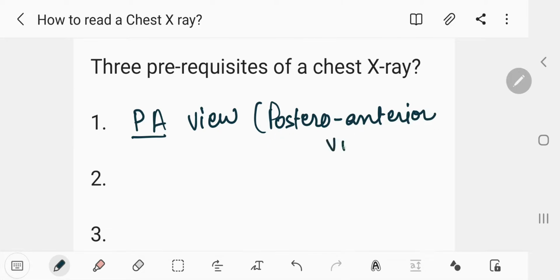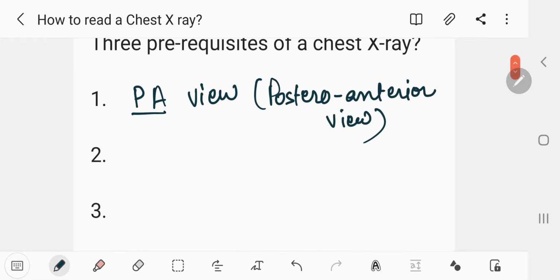Posterior anterior view. Right. And the second prerequisite is that the person should be standing, that is, in an erect position. So we don't want a person to lie down or turn to one side or the other. We just want that person to be in an erect position.